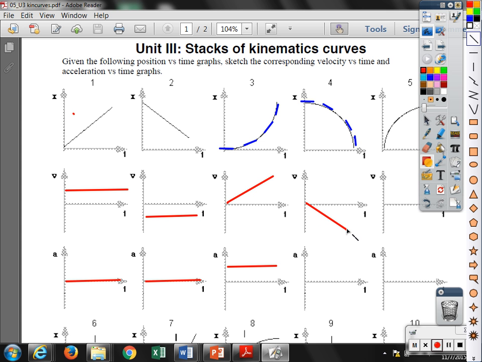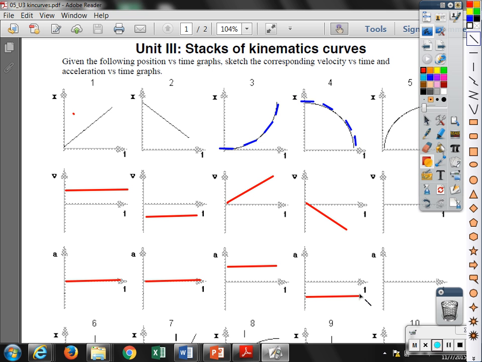So this is increasing in the negative direction. The slope of that line is negative and constant, so that implies that the acceleration is negative and doesn't change throughout that time. So what does this mean? If the object begins with no speed, it begins at rest, having a negative acceleration means that it's going to pick up speed, but in a negative direction.